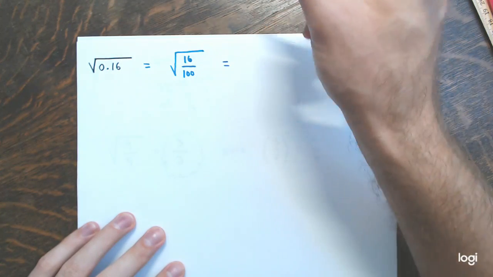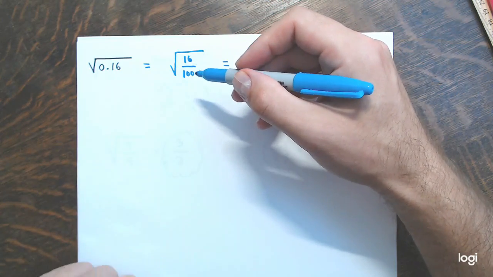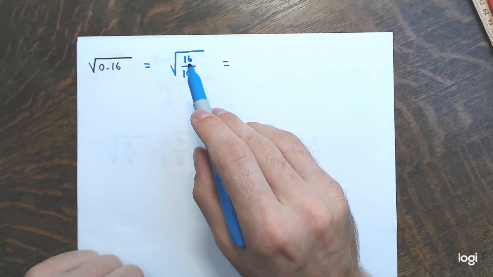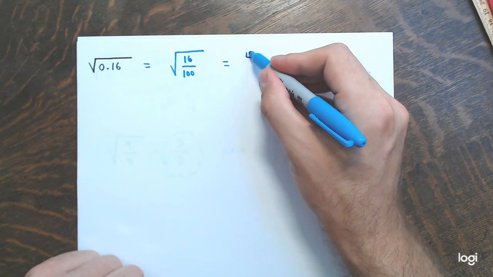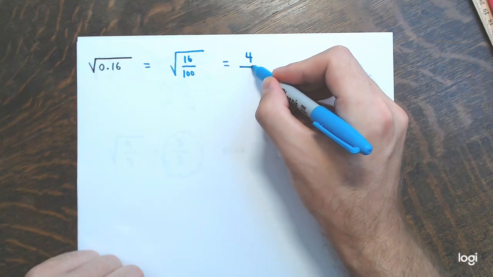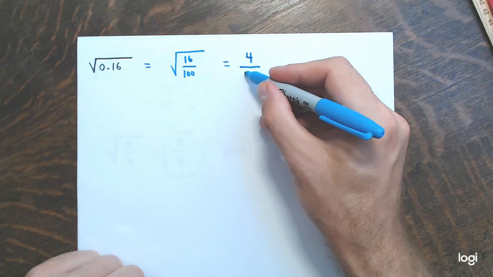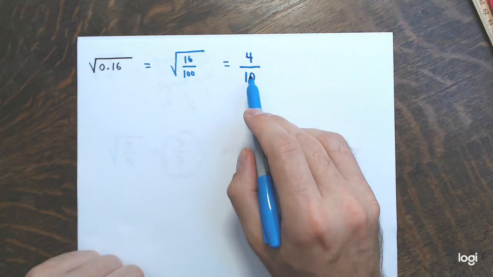And same as I did with my last example with the fraction, you can do the square root of the numerator and the square root of the denominator separately. 16 is 4 squared, so the non-negative square root of 16 is 4, over the square root of 100, which is 10, since 10 squared is 100. So the answer is 4/10.